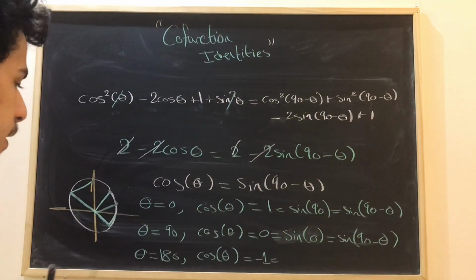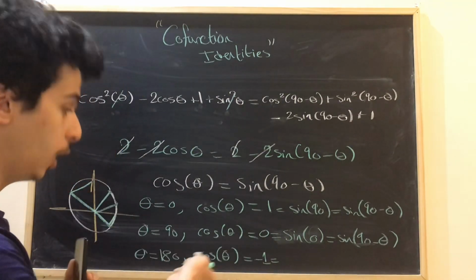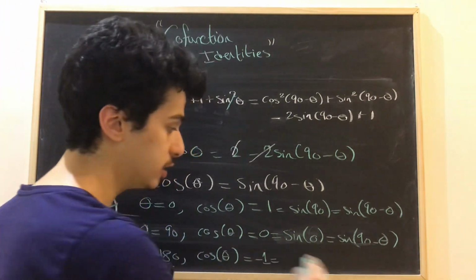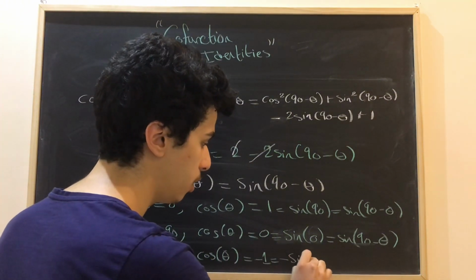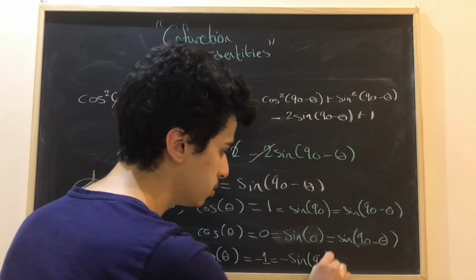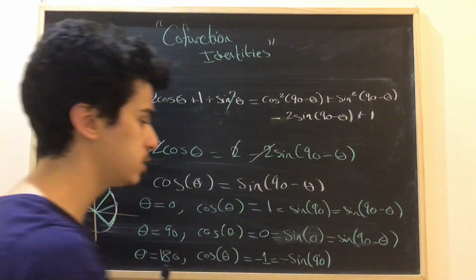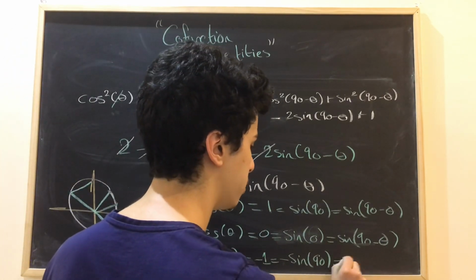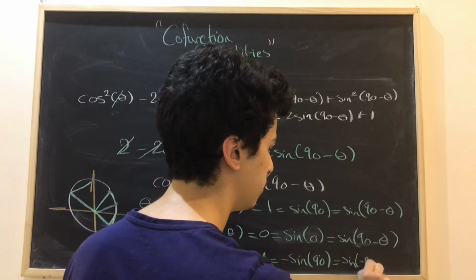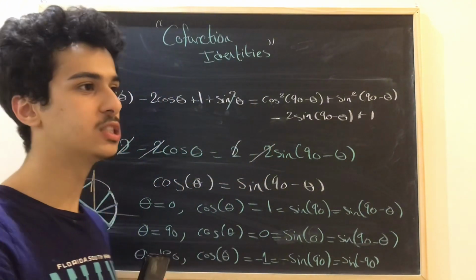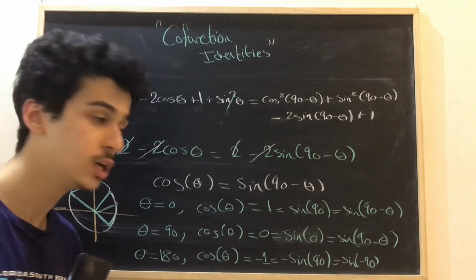And if we have theta is equal to 180, well, cosine of theta would be negative 1. And this, we would have it equal negative sine of, well, 90. And since sine is an odd function, we can transfer the negative sign inside the argument, and that will be sine of negative 90. But sine of negative 90 is precisely 90 minus theta, or 90 minus 180.